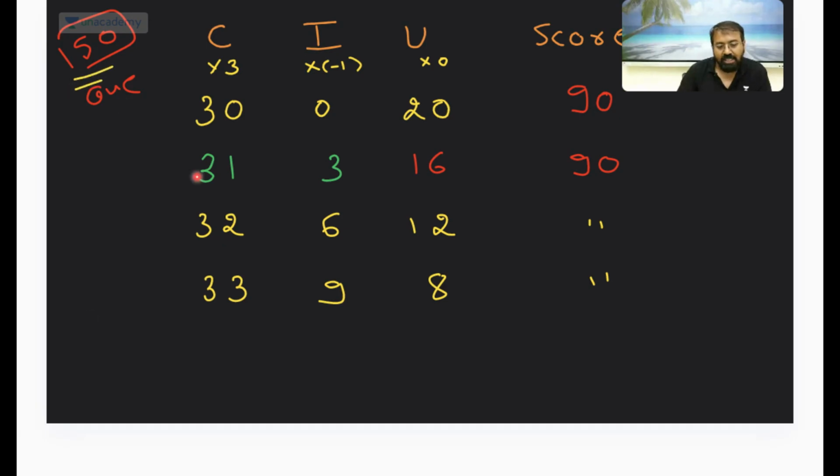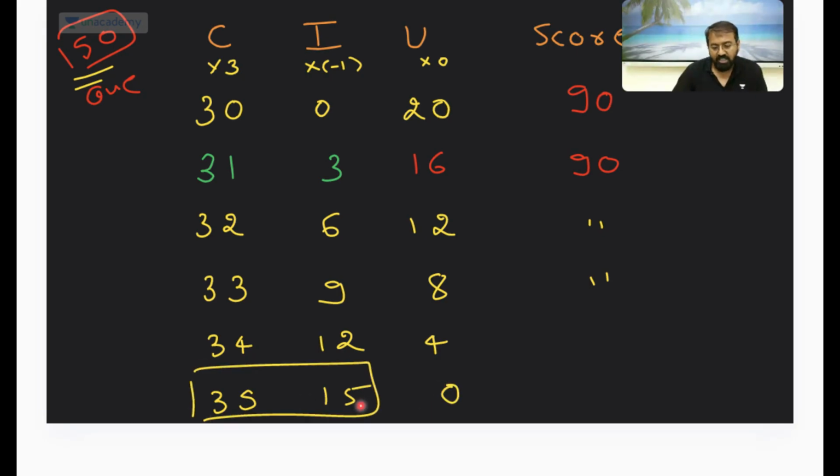Remember, total questions cannot go beyond 50. So 34, 12 and 4, and last it will be 35, then 15 and 0. Can I say these are 50 questions and he'll definitely get 90 marks because 35 threes are 105 minus the 15 negative marking? So he'll still get 90 marks.